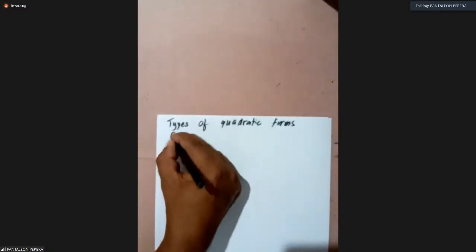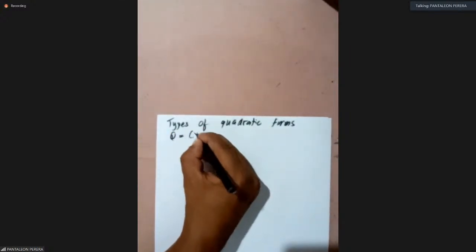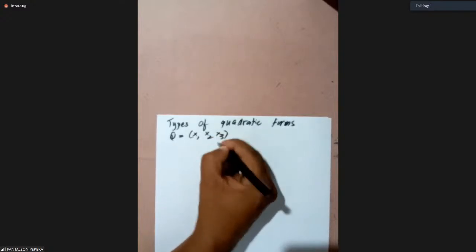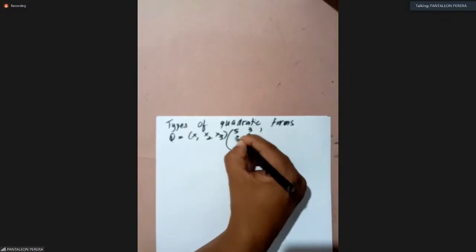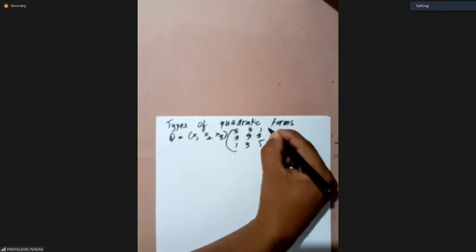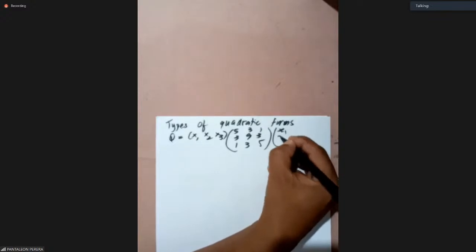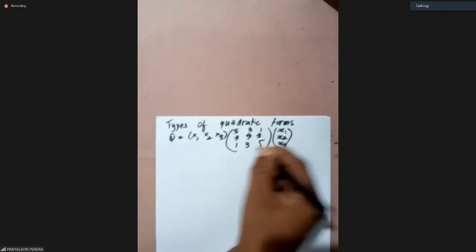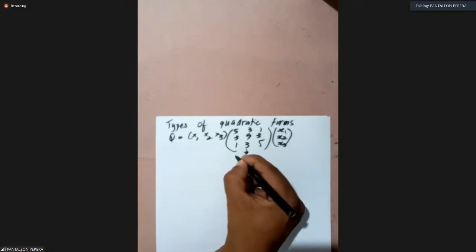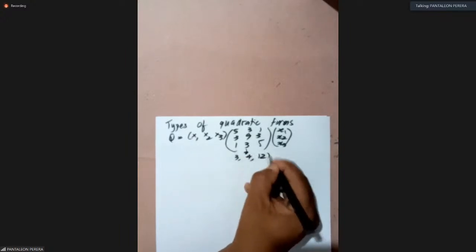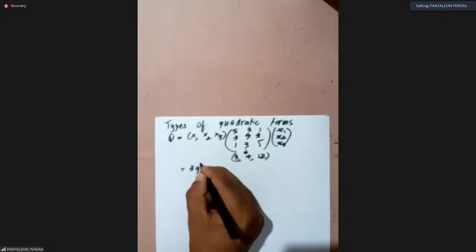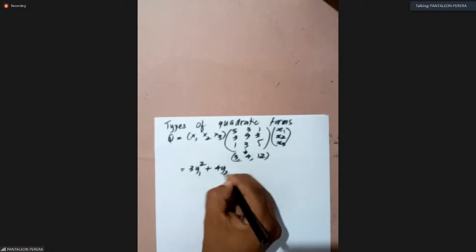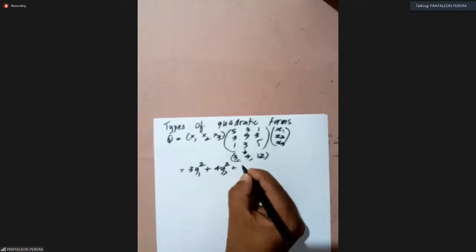If you take the one we considered just now, the eigenvalues are 3, 4, 12. Therefore you can write it as 3y1 squared plus 4y2 squared plus 12y3 squared, where y1, y2 and y3 are functions of x1, x2 and x3.